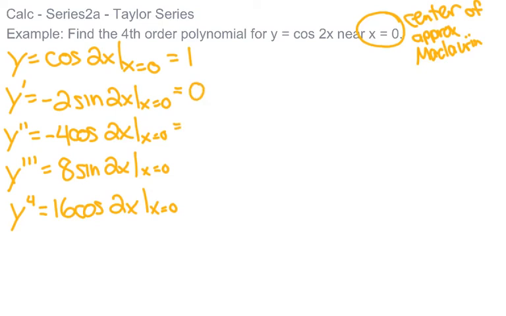This one we have cosine of 0, which is 1. Then we multiply by negative 4. We have 0 again. And then the last one, cosine of 0, is 1 times 16. What are all those? Oh my goodness, what are all those? These are all coefficients.